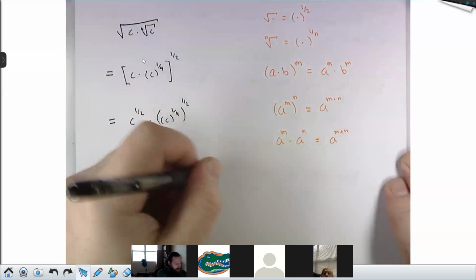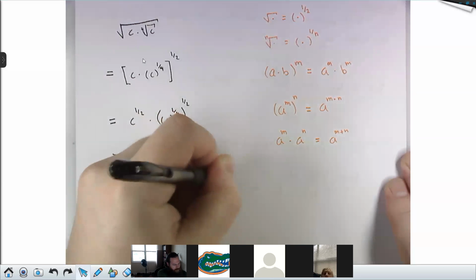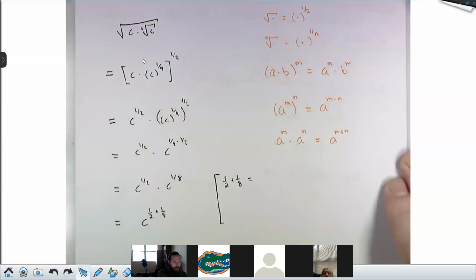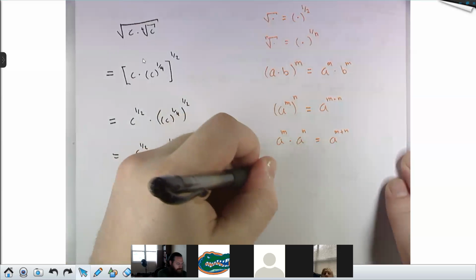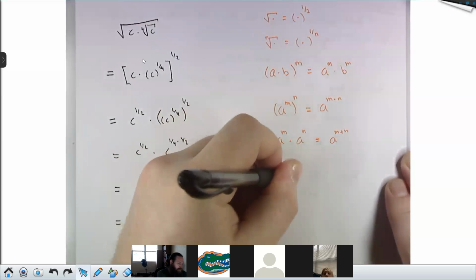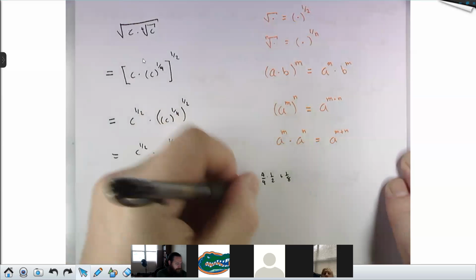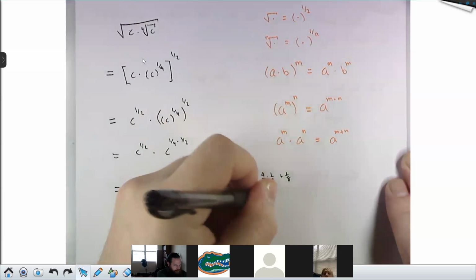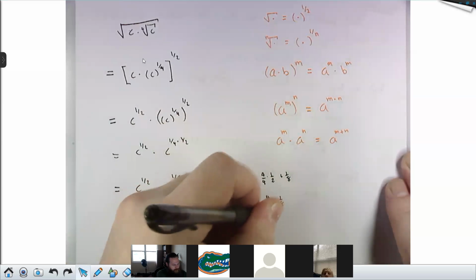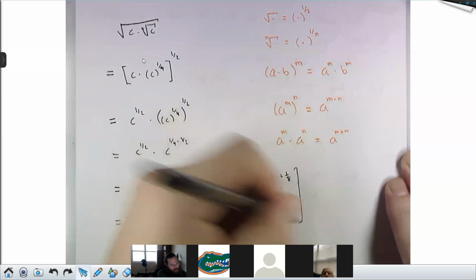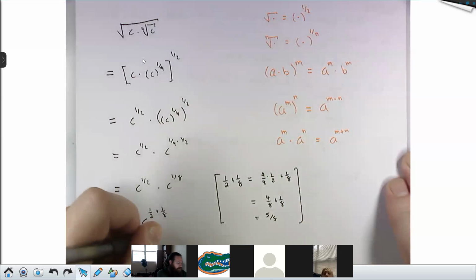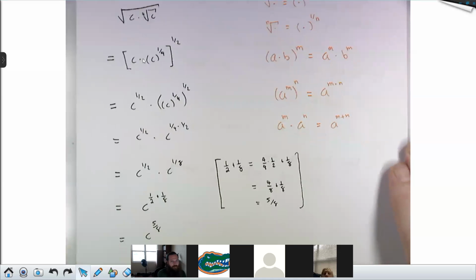Well, I need a common denominator. That denominator is going to be 8. So if I multiply the 1/2 by 4/4, then that will become 4/8 plus 1/8, which is 5/8. So this is c raised to the power of 5/8.